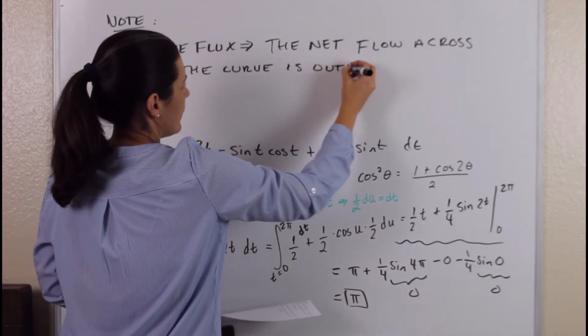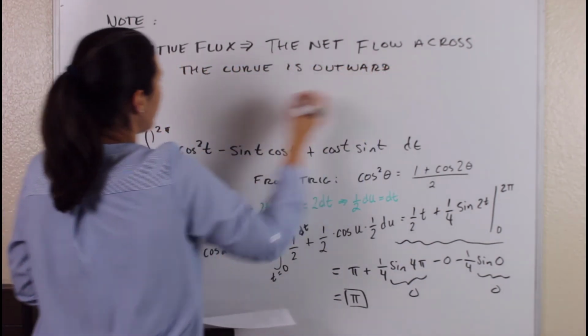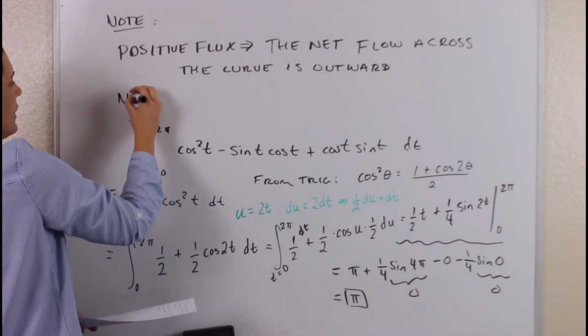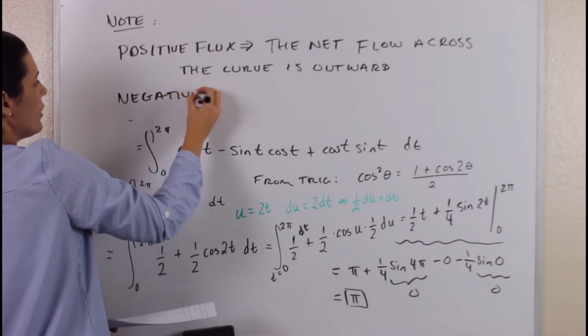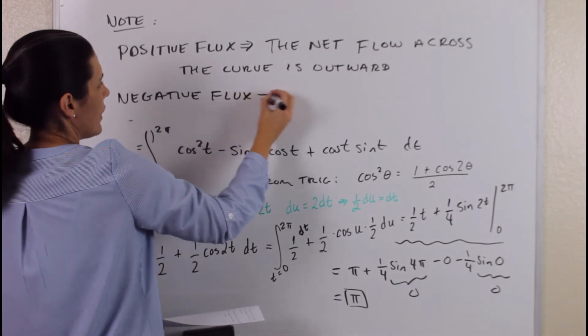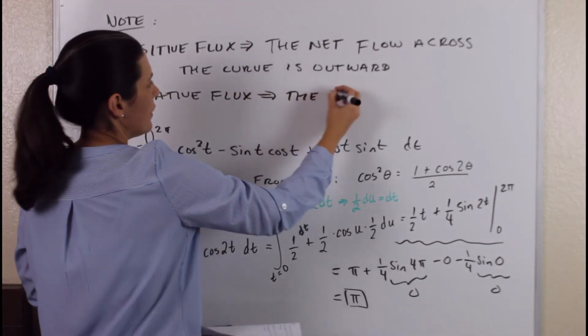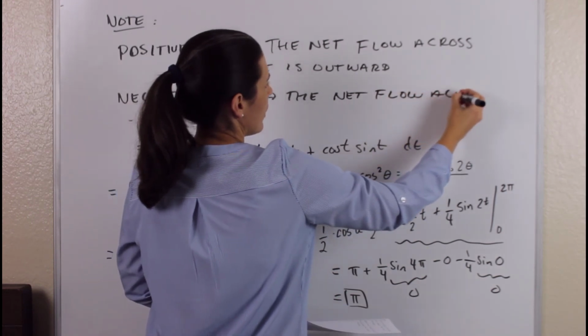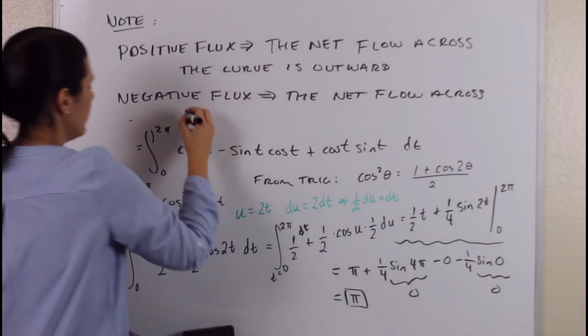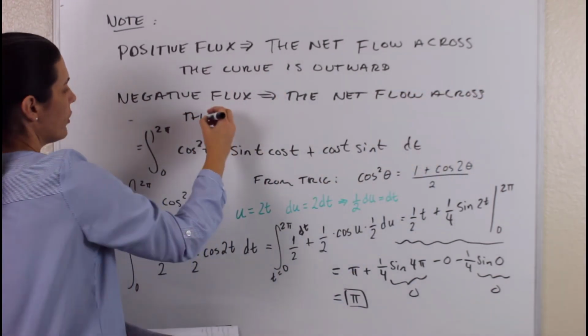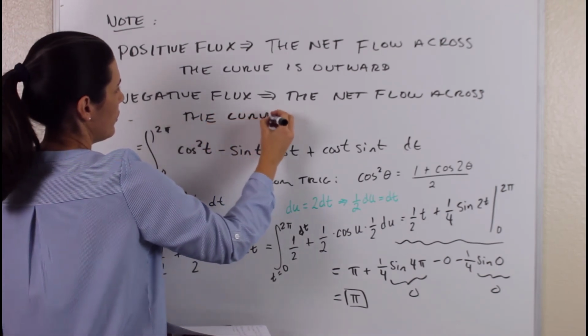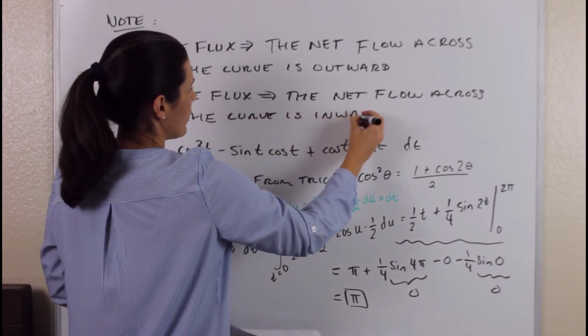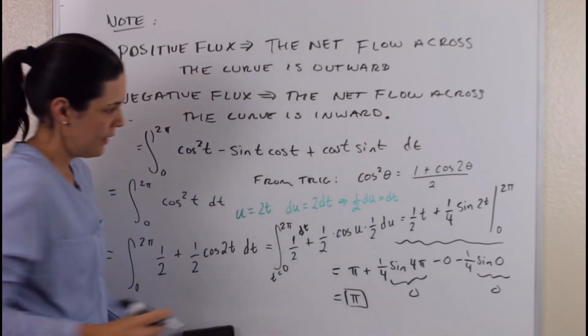And then the exact opposite is true for negative. So if you have a negative flux when you do this calculation, negative flux means that the net flow across your curve is inward. All right, there it is.